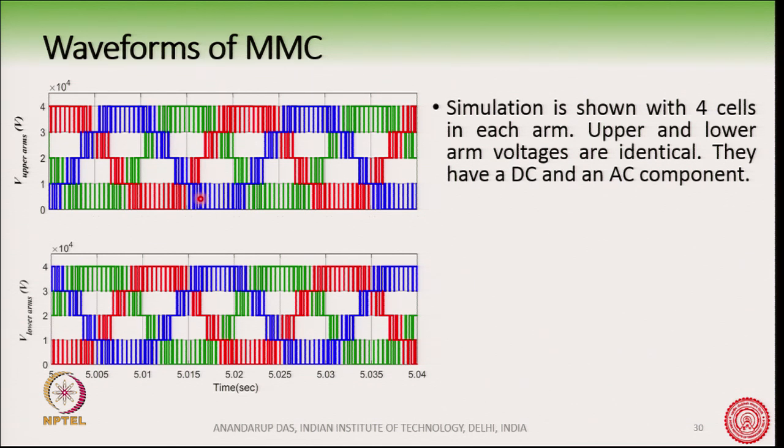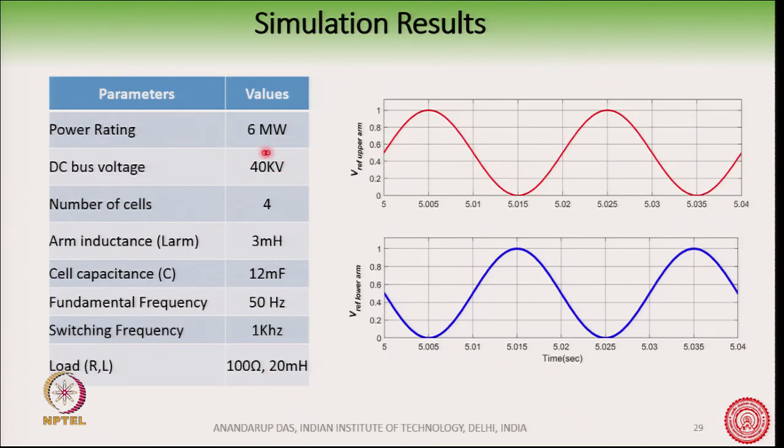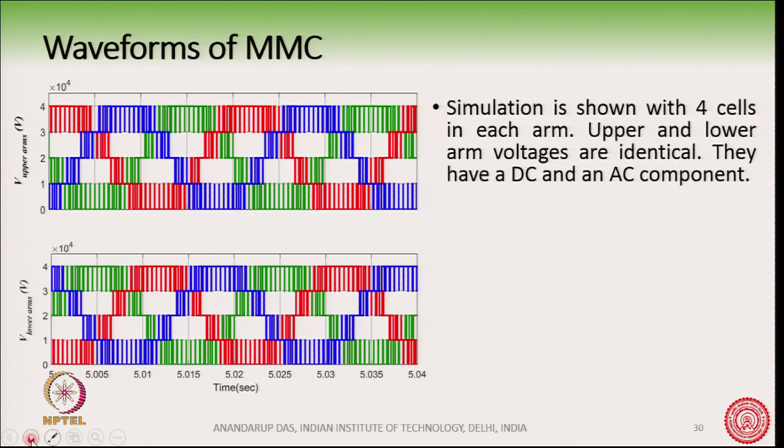Each DC bus is, I was mistaken, not 1000 volt, 10,000 volts. The total DC bus voltage is 440 kV, so 440 kilovolt divided by the number of cells, E by N, so each voltage is 10 kilovolt. So, 0, 10 kV, 20 kV, 30 kV and 40 kV. There are 5 levels, because there are 4 half bridges in each arm, and these are the steps.